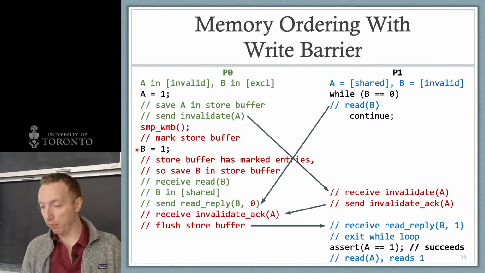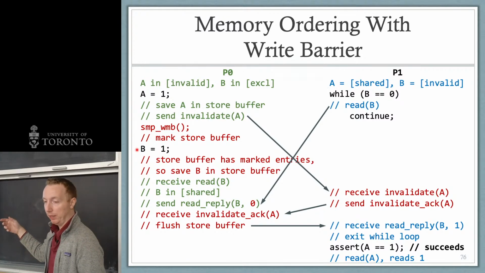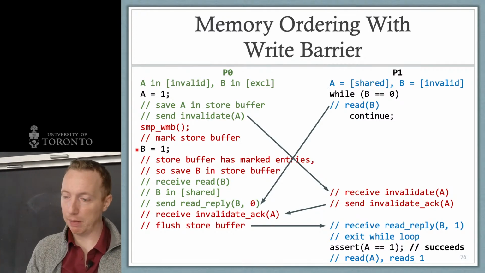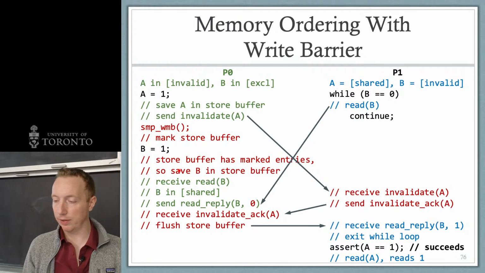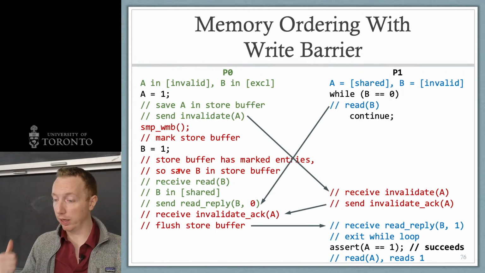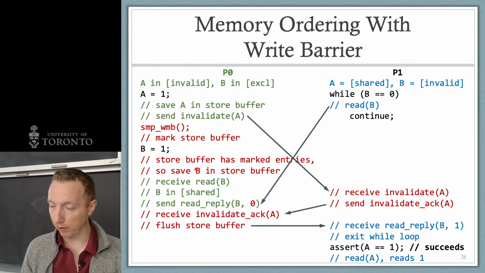So it would update that value B. Well, B is okay because it happened after A, so it can actually stay in that store buffer, but we would have to write back out the value for A first.